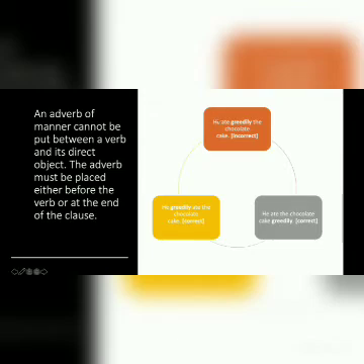Let's take a closer look. He ate greedily the chocolate. This sentence is wrong. It just cannot happen. The adverbs of manner cannot be in between the main verb and the object. It can either be before the main verb, like he greedily ate the chocolate, or after the object, he ate the chocolate cake greedily. So either before the main verb or after the direct object, but never in between.